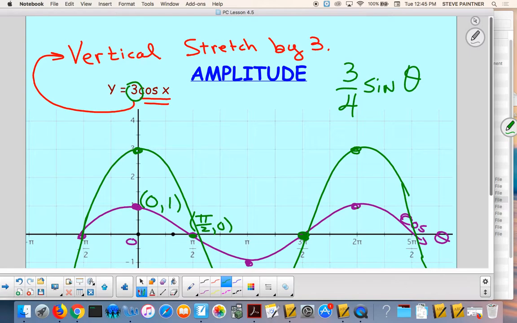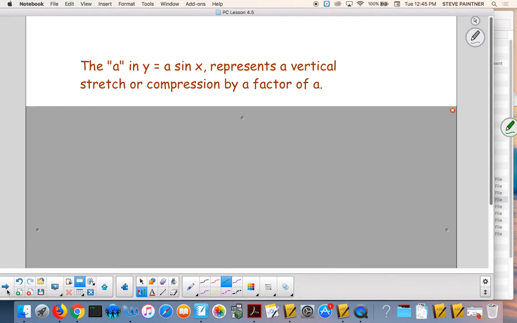Now instead of up 1, down 1, we're going up and down 3, 4. So it kind of got crunched together. It's a compression. The A in y equals A sine of theta represents a vertical stretch or a compression by a factor of A. We just did it. We had 3, didn't we?